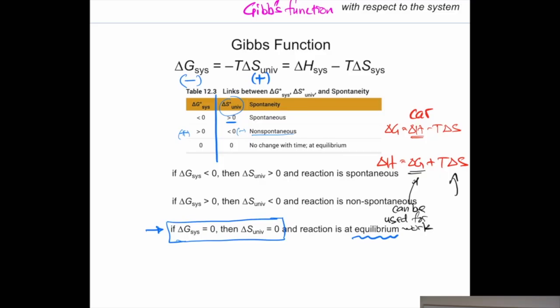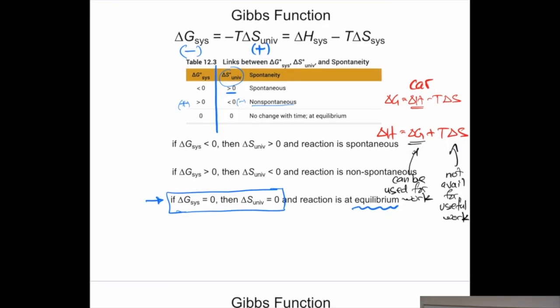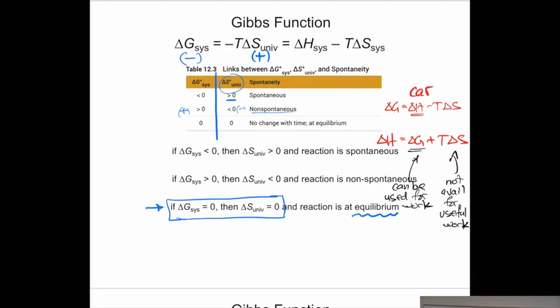It's just dispersed, not available for useful work. So in the car, as an example, the useful work is to propel the car. And the rest of that heat energy just dissipates off, that's too hot to touch.